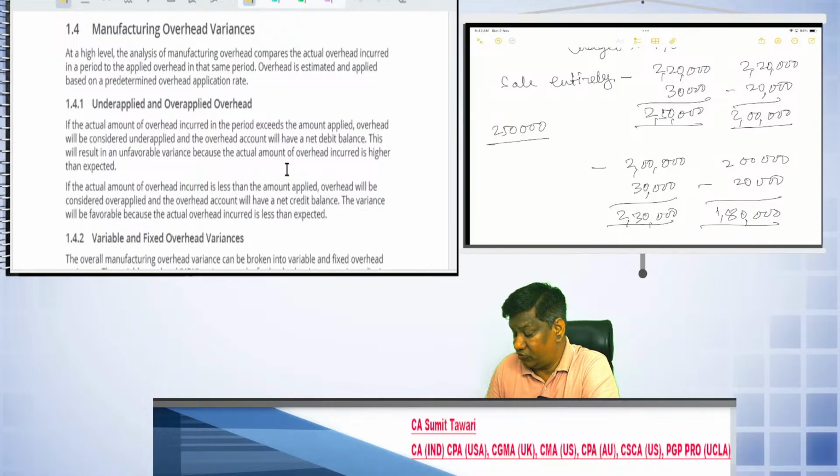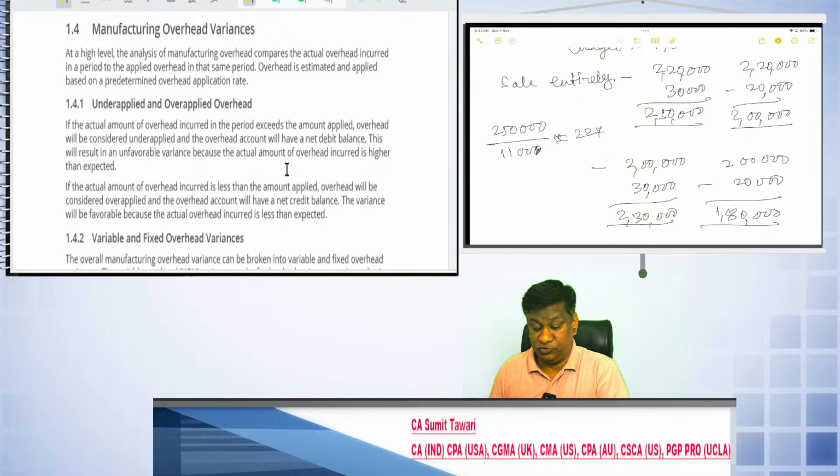actual overhead cost, and if I consider the 1100 as my quantity, so the per unit cost is basically something, how much, just a minute, 227.